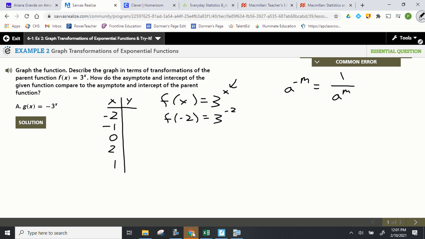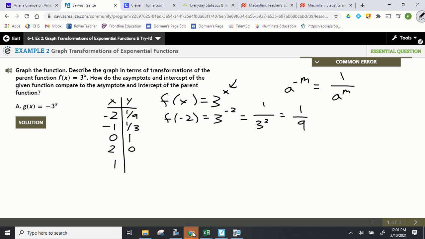So that's the same thing as 1 over 3 squared, or 1/9. That's a pretty small value. So you can see that that is getting kind of close to 0. What happens when we plug in the -1? We wind up with 1/3 for the same reason that I stated earlier. 3 to the 0 power is 1. That's that y-intercept.